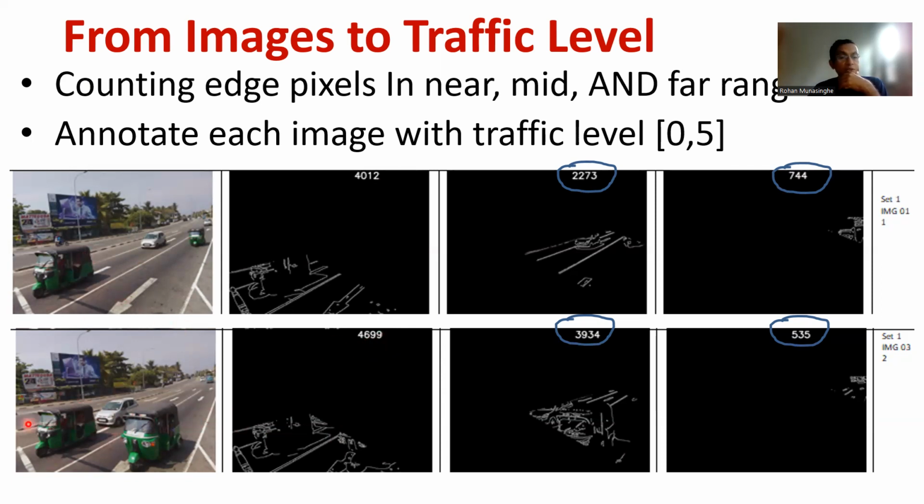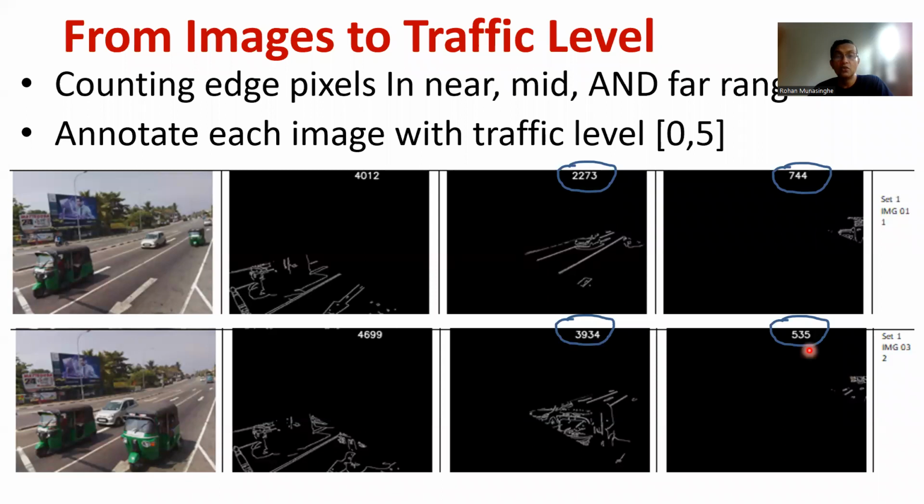So it represents the traffic level here, right? Increasing traffic level here, and this is 3,900, nearly 4,000 pixels, because part of this one is actually captured in the midfield. That is the problem. And this is the far 535.